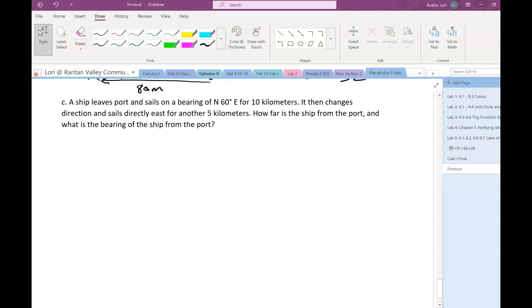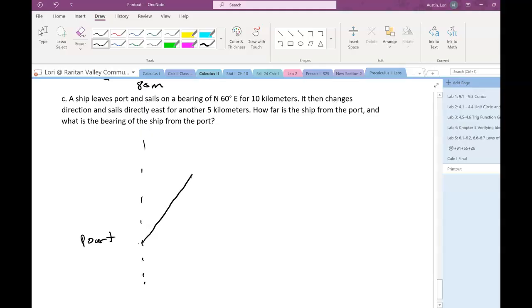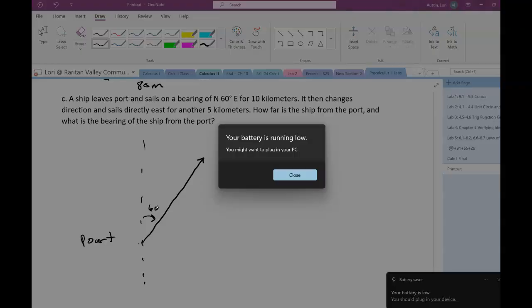Ship leaves port and sails on a bearing north 60 degrees east. So here's port, right? Here's your ship. You need a north line. And the ship is sailing east of that line, right? That's your north. The dotted line's the north. 60 degrees east. So that is 60 degrees.